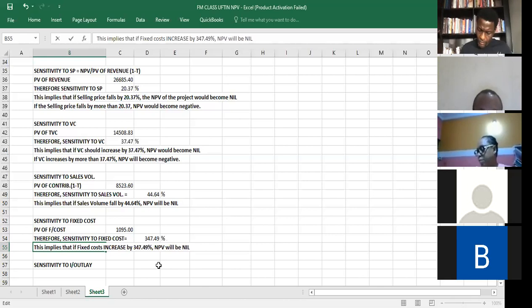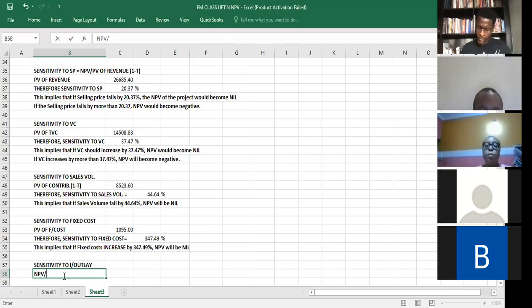So sensitivity to initial outlay is NPV divided by initial outlay, because it will be in the same year.